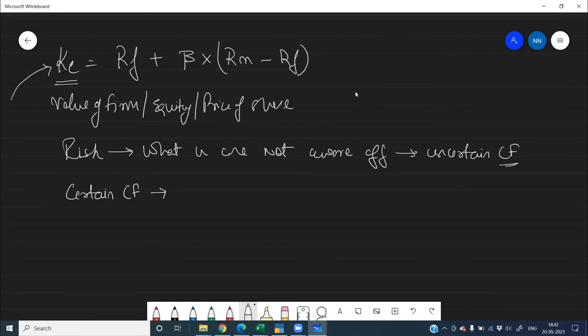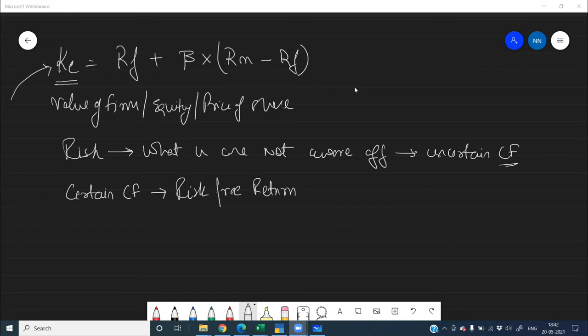Risk-free return. The above formula is actually capital asset pricing model. So whenever you know that your cash flows are certain, तो आप किससे उसको discount करोगे? You will discount it by risk free.